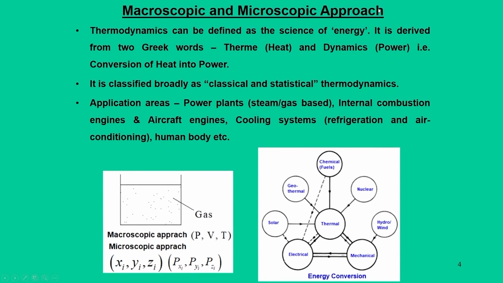As the word indicates, macroscopic is a global phenomenon, microscopic is a kind of molecular phenomenon. In the same sense, we deal with thermodynamics either as a global phenomenon or in large scale situations, and the other way we look at the microscopic approach is at the molecular level, where we take the information at micron size or molecular size and try to grasp the information about the global properties.